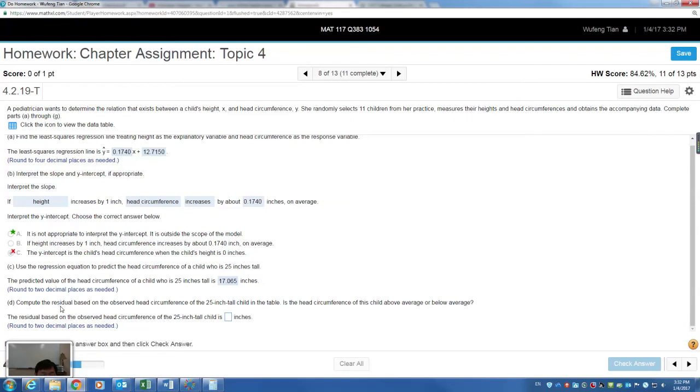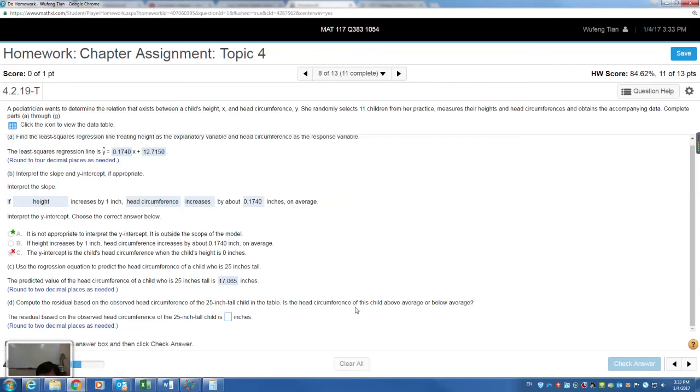And compute the residue based on the observed head circumference, which is above or below. The residue based on the circumference is, okay, 17. Compute the residue based on the observed head circumference of 25 inches.